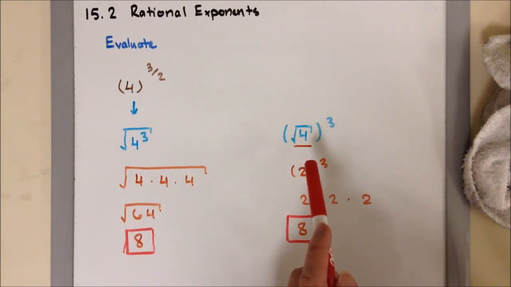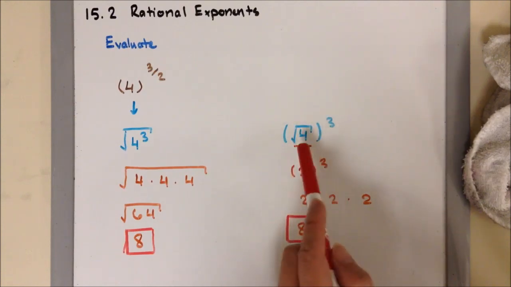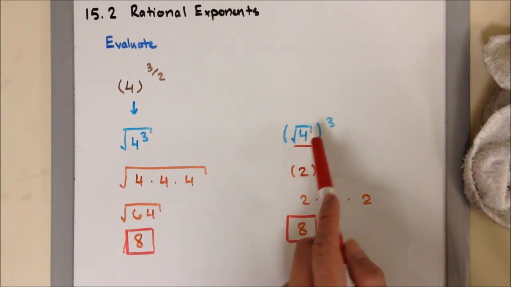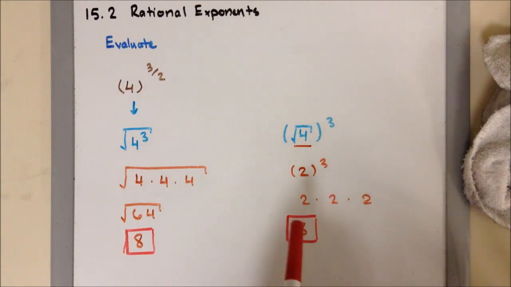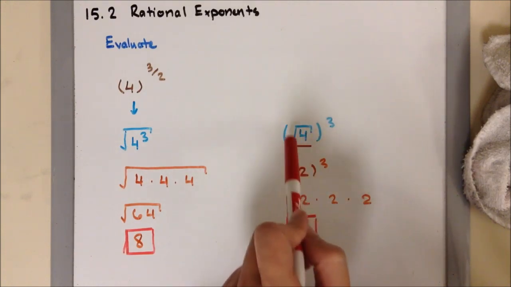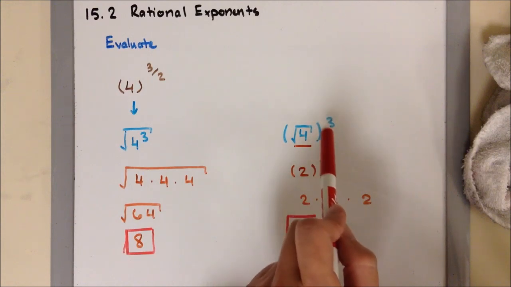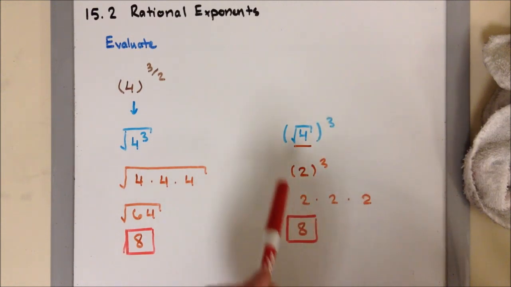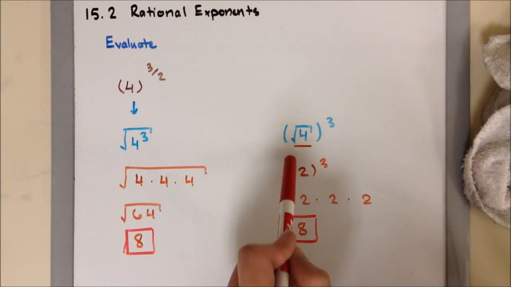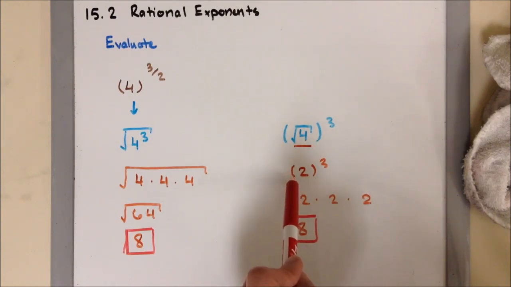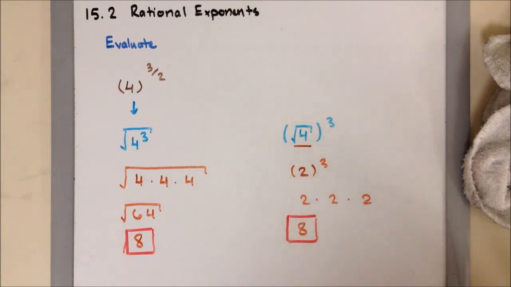Now over here, in the second form, inside the parenthesis is the square root of 4, and the exponent is outside the parenthesis. So meaning that we're going to do the root first, and then raise it by the exponent that's outside the parenthesis. So in this case, I did the square root of 4 first, which is 2, and then I raised it to the third power, which is 8.